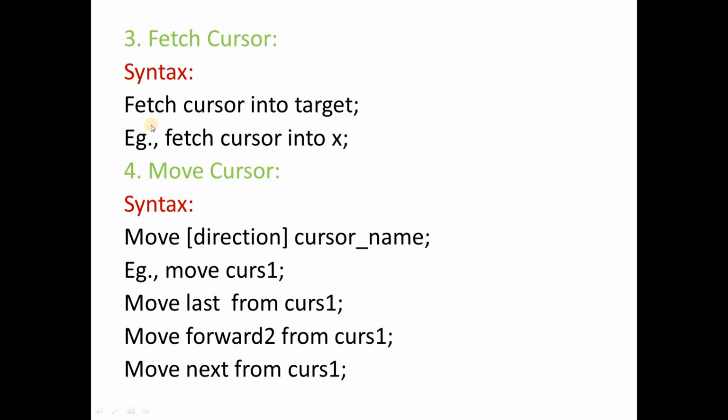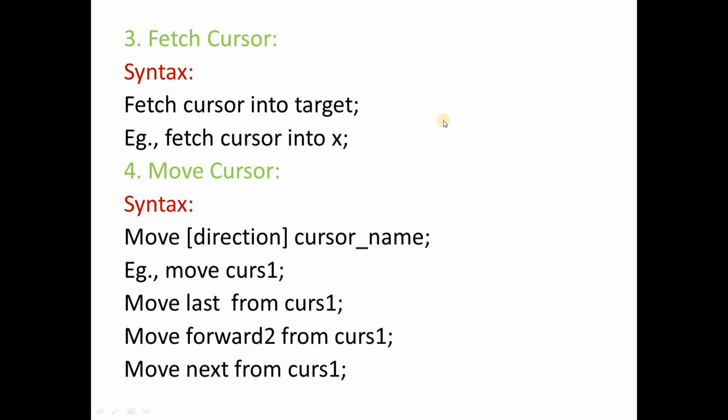And syntax for this: the fetch keyword is used here, then your cursor name, you have to fetch a particular value from your cursor and store that value in a target variable, because whenever we fetch a particular value, that means we extract a particular row, a single record, from your cursor variable, and then we have to store that record for processing into a particular target variable.